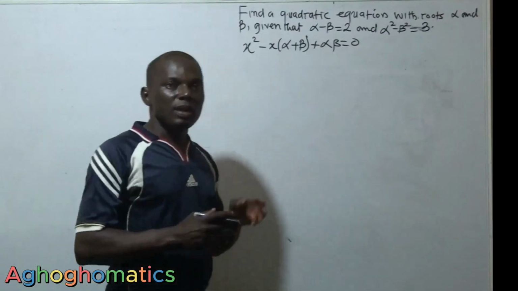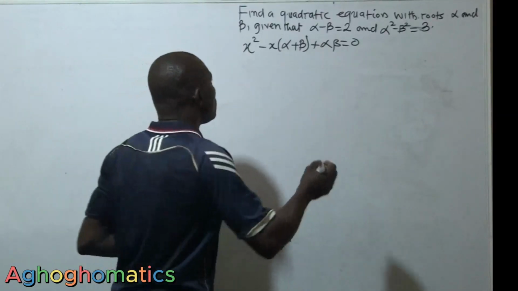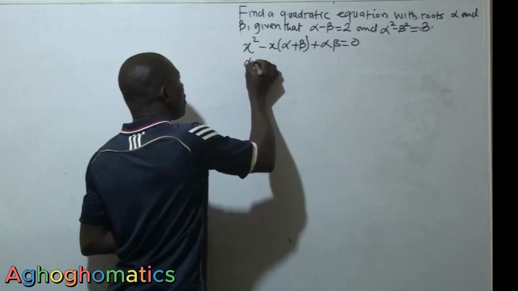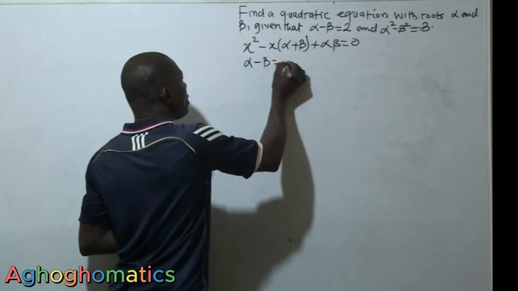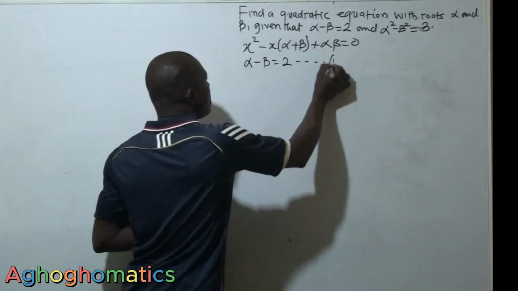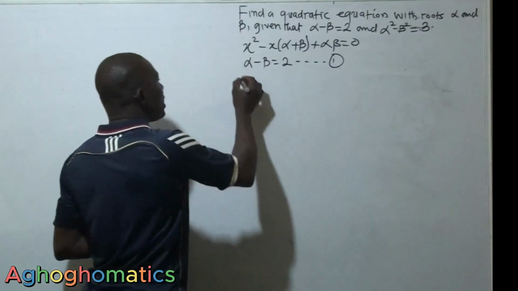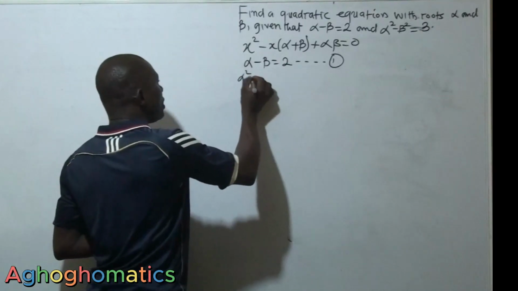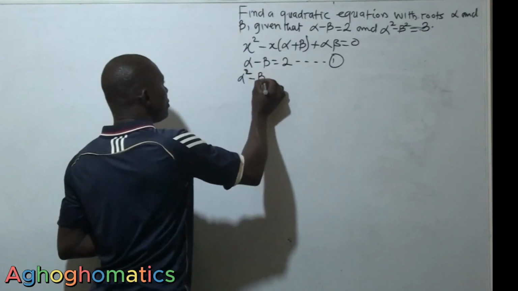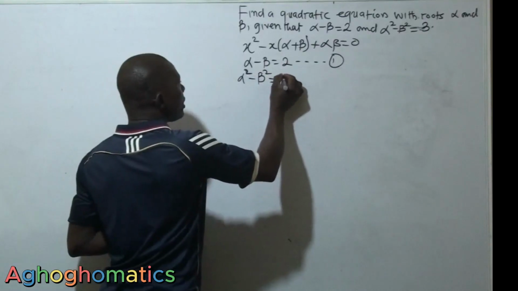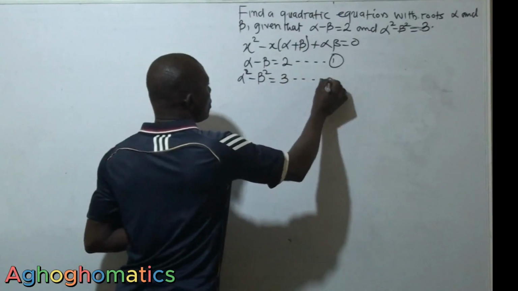and beta respectively. So from the first equation here, we have alpha minus beta equals 2. If we assume that this is equation 1, then the other equation is alpha squared minus beta squared, and that gives 3 as equation 2.